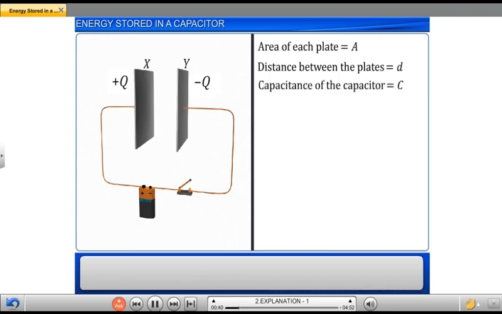Let the capacitance of the capacitor be C, which is a constant.